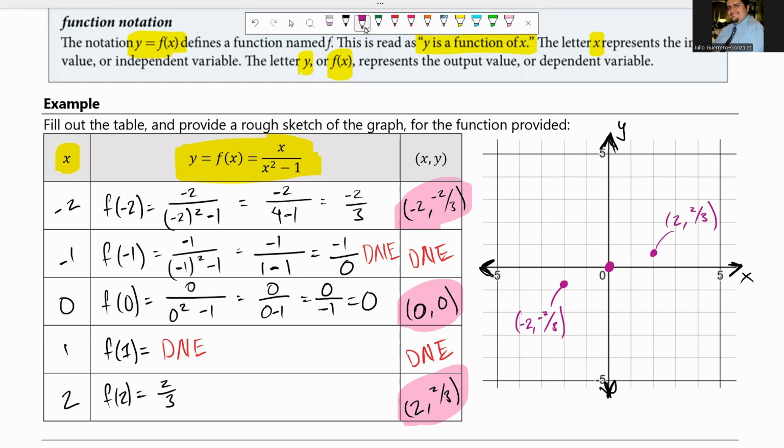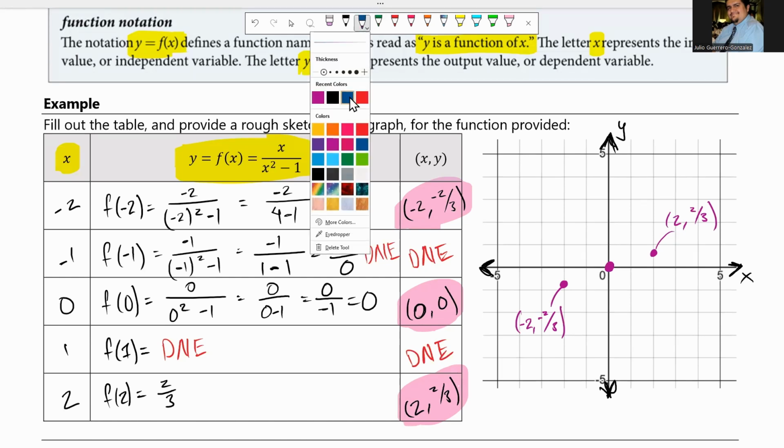What we're doing here is trying to provide a graphical representation, a graph of our function f of x. I only chose 5 x values, and those 5 x values produced 3 points, the 3 that are on the graph right now. If we keep doing this for every single x value, we will get a continuous, nice connected, smooth looking graph, and that graph is going to look like this.